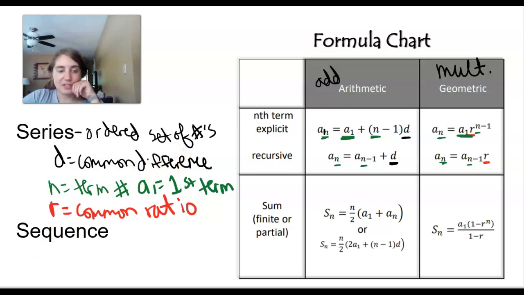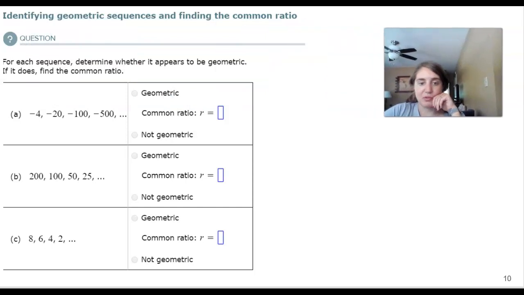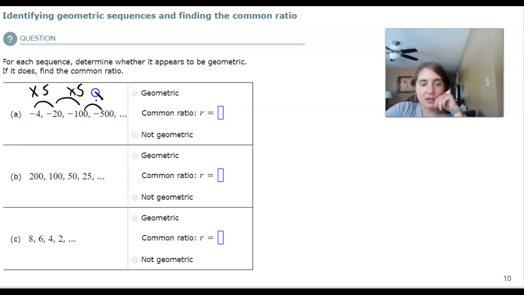Now we're going to look at some geometric sequences and decide what our common ratio is, or what we multiplied by each time. Times 5, times 5, times 5, so that would be a common ratio of 5, and we consider that geometric.